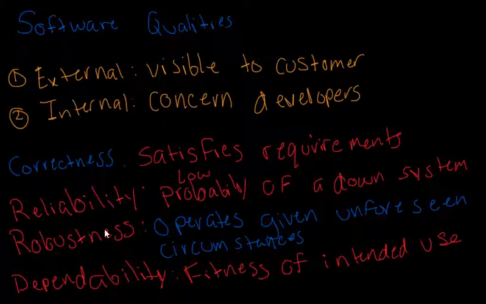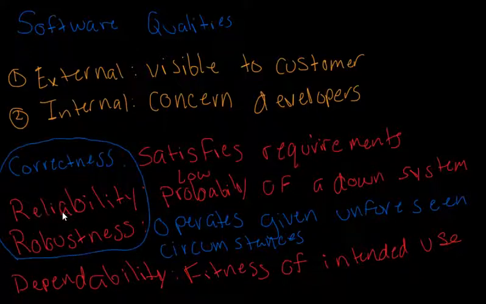Think about dependability as these three put together. It has elements of correctness, reliability, and robustness. And these three qualities give you this fitness test of how well your software works under intended use.